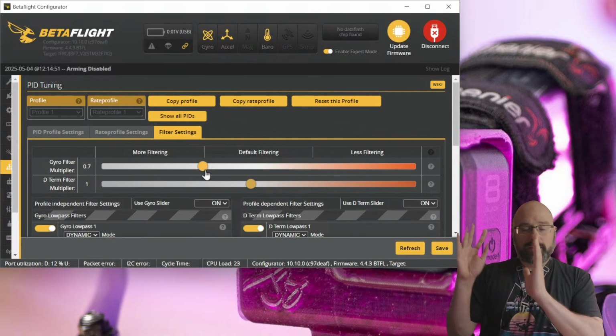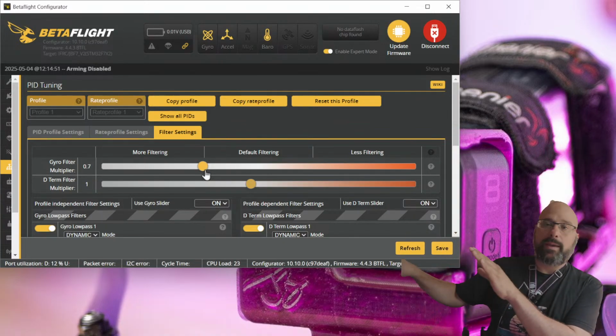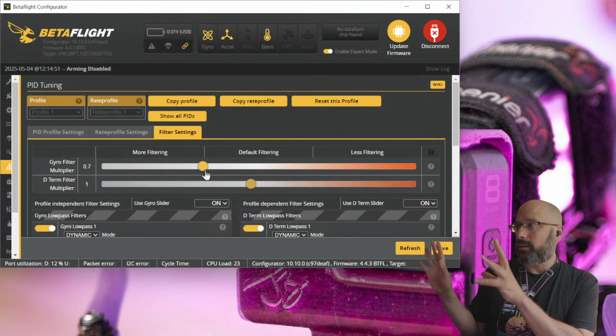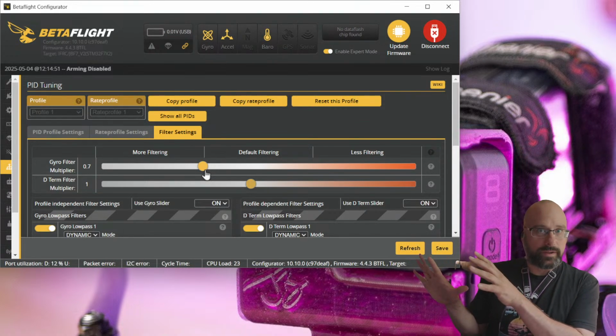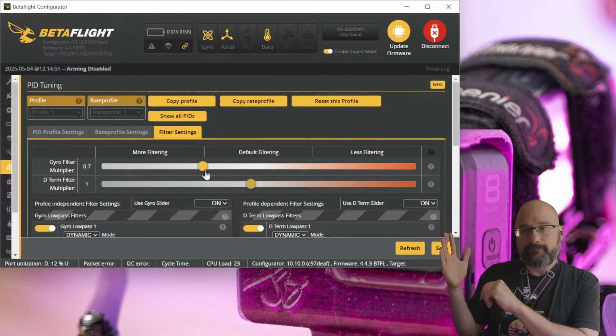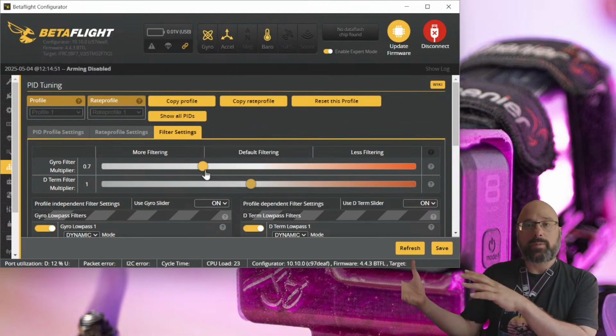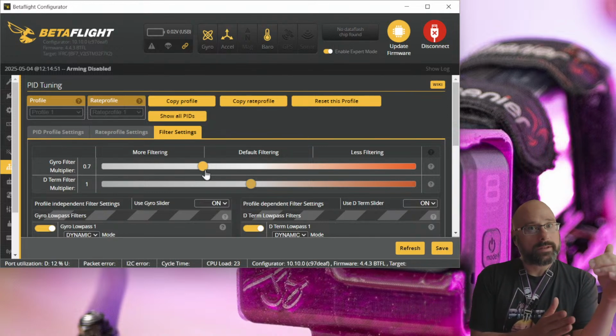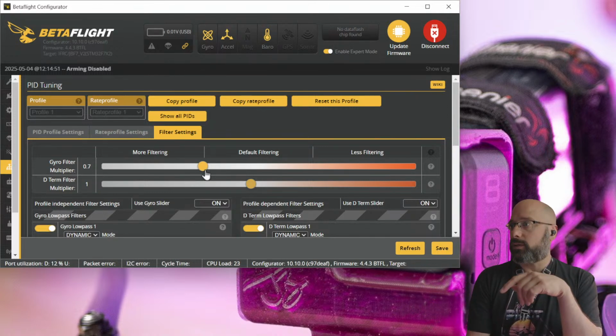The 5-inch props spin above maybe 250 hertz; I don't know the exact number, but in my head it's right around 200, 250 hertz for a 5-inch. That's the default. A 10-inch prop is going to spin slower, therefore it's going to come down below that cutoff and make noise that's going to get through the filters.